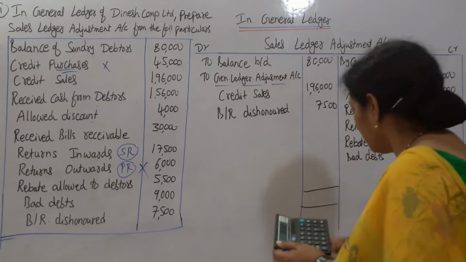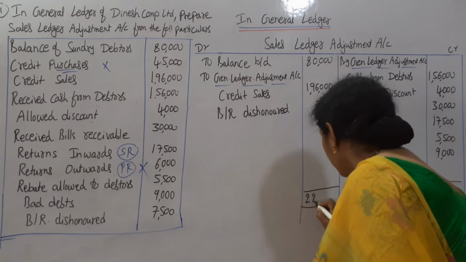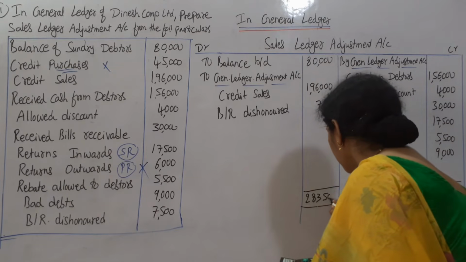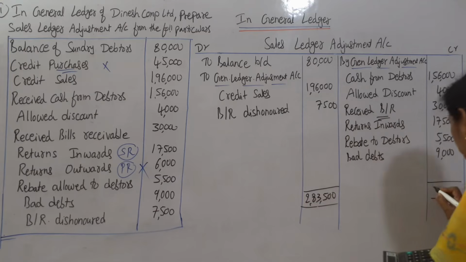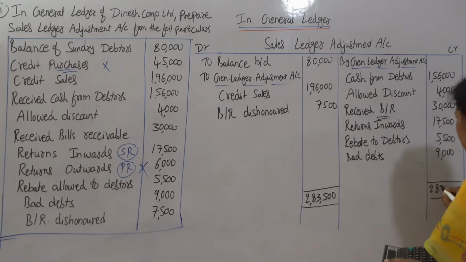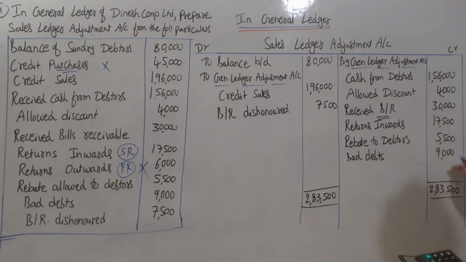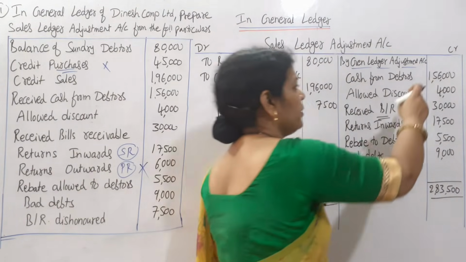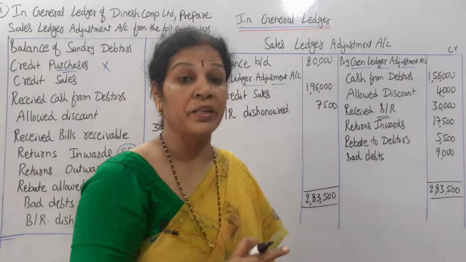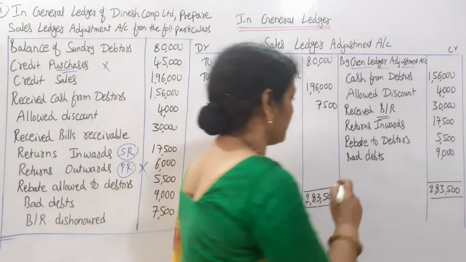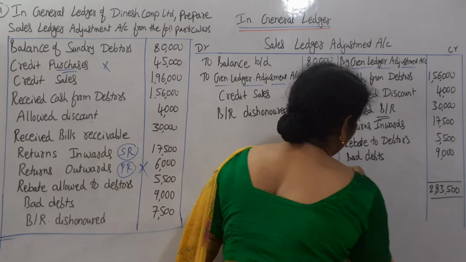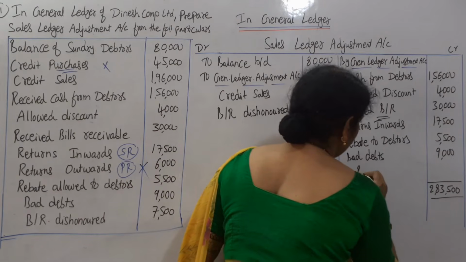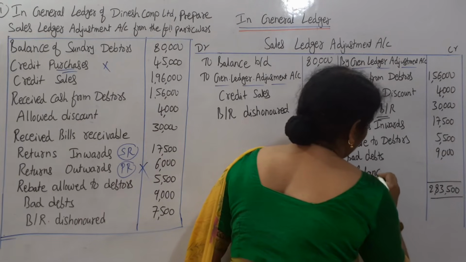Okay, the same amount I will write here, 2,83,500. Now from this 2,83,500, if we deduct all these transactions, we will get the balance carried down. Here you will write by balance carried down.